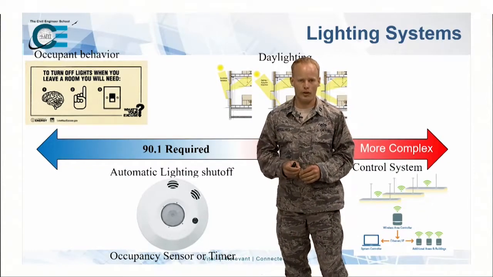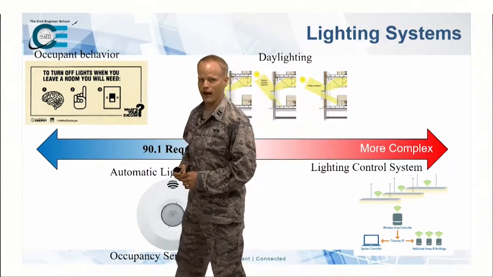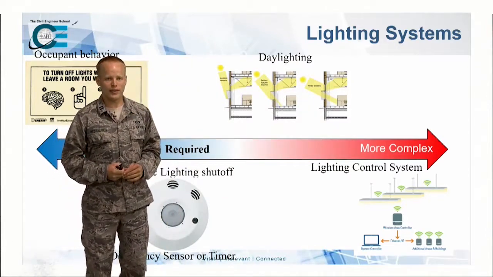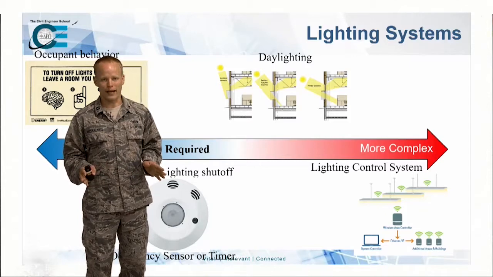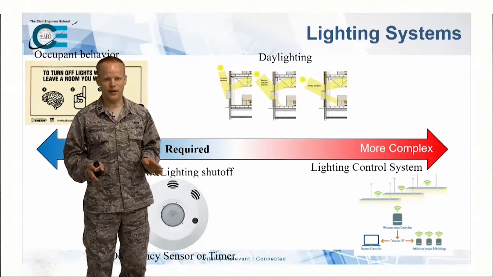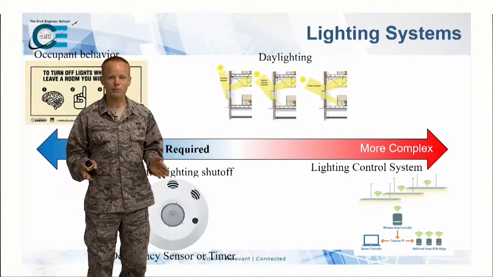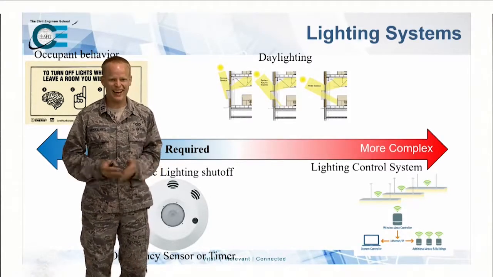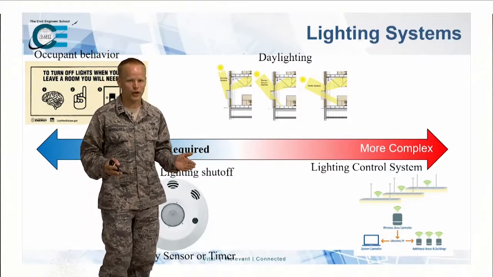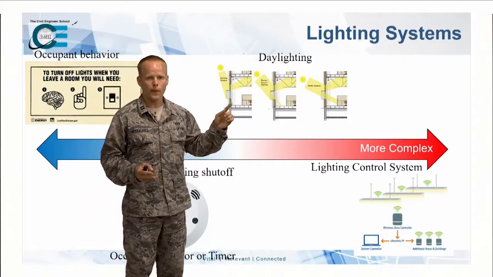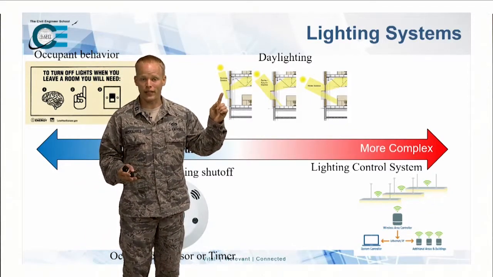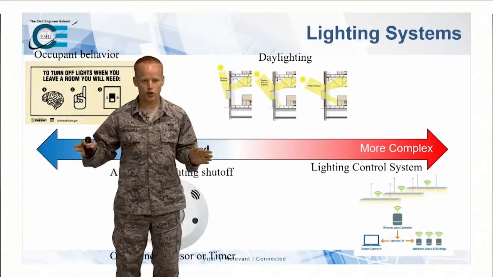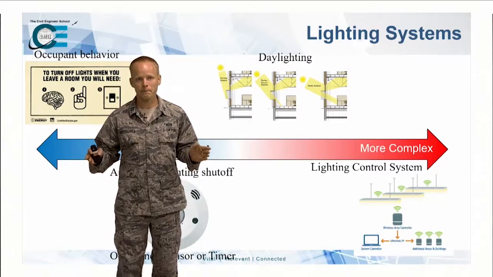Now we can get more complex, and we can talk about daylighting. I learned about daylighting as I was working on an awards package. I was taking CBTs on the Whole Building Design Guide, or FEMP CBTs, where they went through and discussed daylighting. I had no idea how well this would work. But the idea is you can reflect light in with a light shelf, and it reflects up onto the ceiling and distributes through your ceiling reflection.